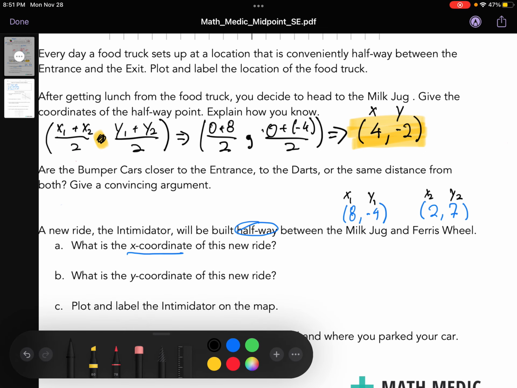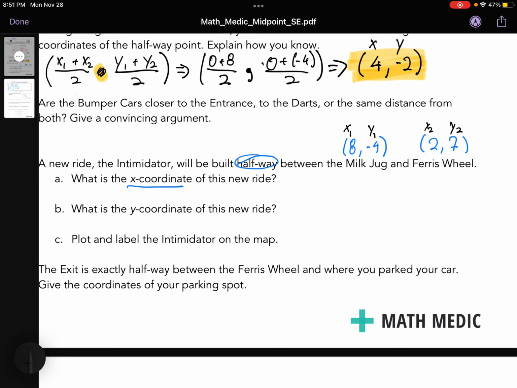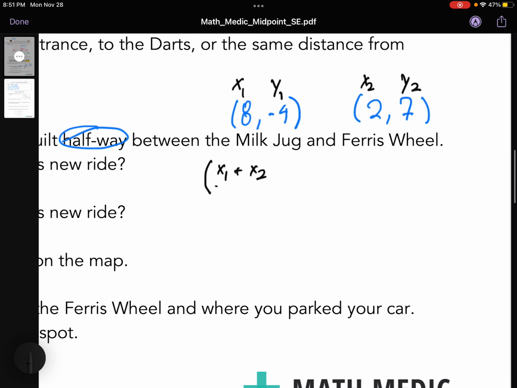Now we can plug into our midpoint formula, which is x1 plus x2, let's make this bigger, divided by 2, comma, y1 plus y2 divided by 2.